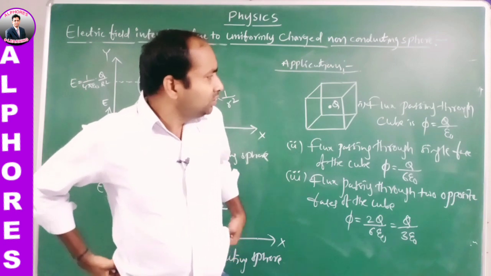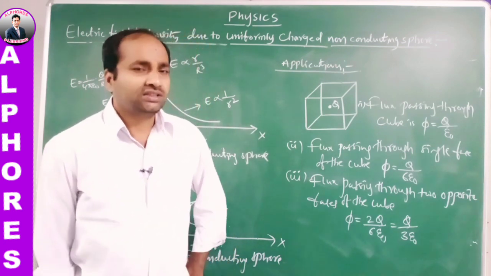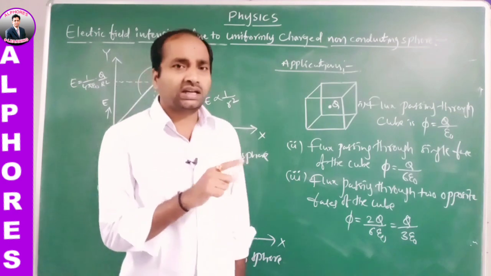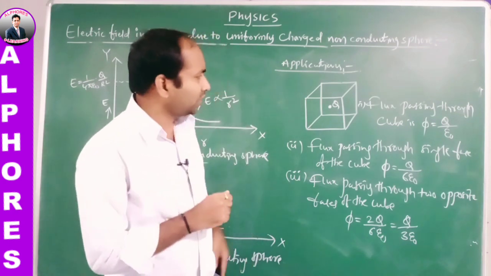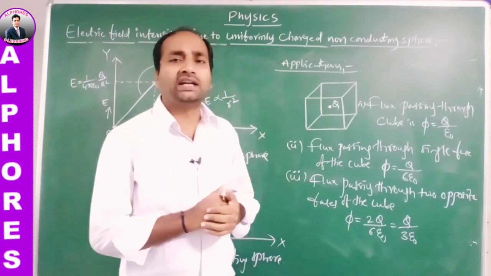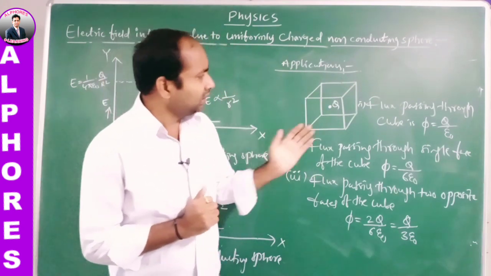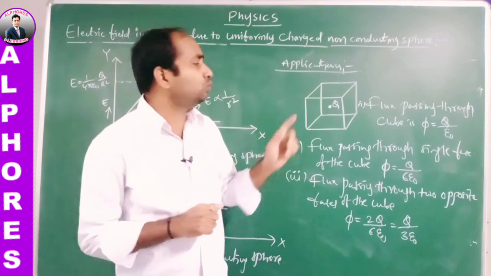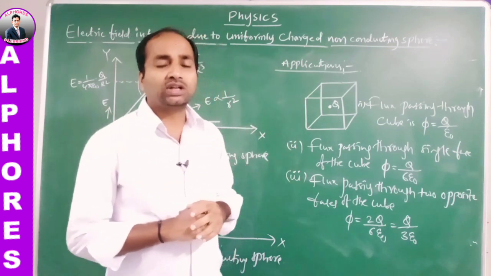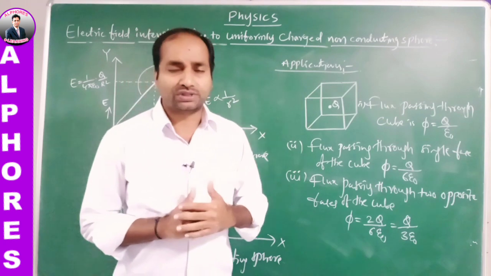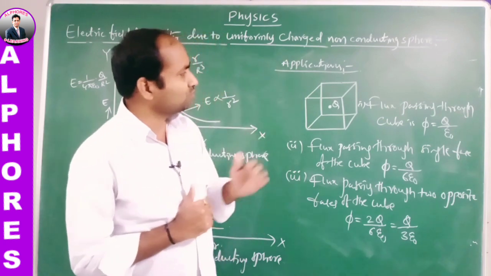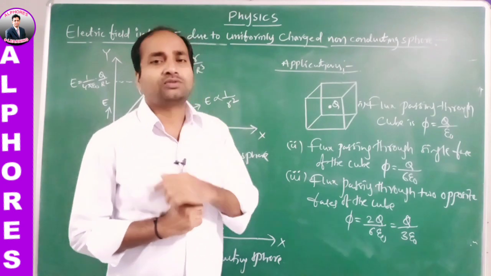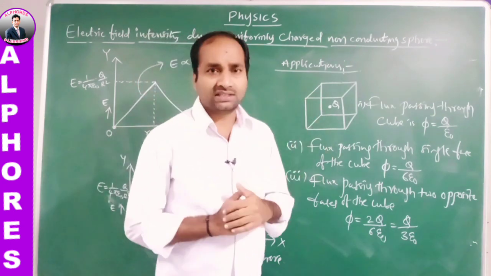In such conditions, to enclose the charge, we should construct an identical cube. Then the charge is enclosed by the system of two cubes, and this system of two cubes is taken as the Gaussian surface.